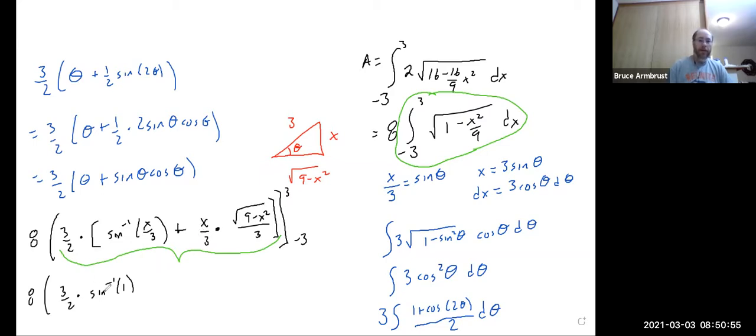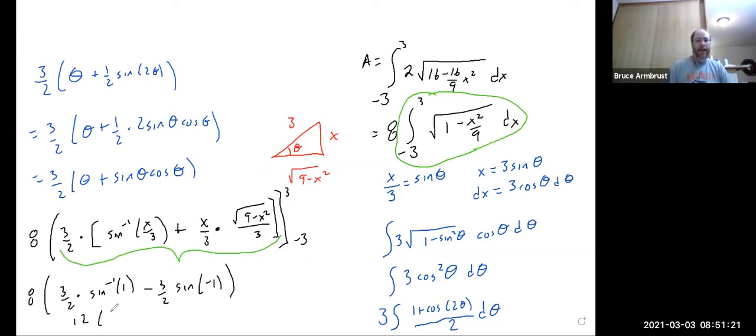So that's what I get when I plug in 3. When I plug in minus 3, I get 3/2 times the inverse sine of minus 1. And again, that thing's equal to 0. So if I pull out the 3/2, that's 12 times the inverse sine of 1.